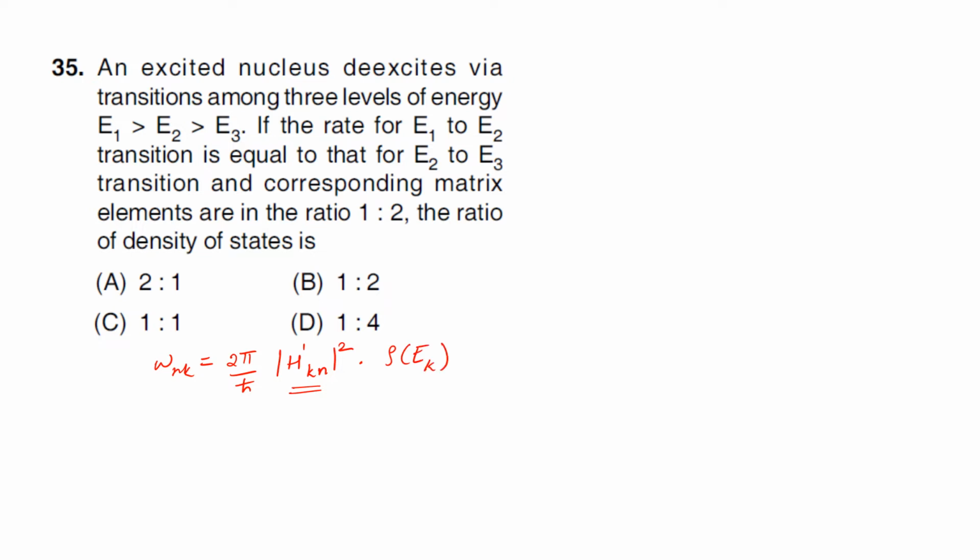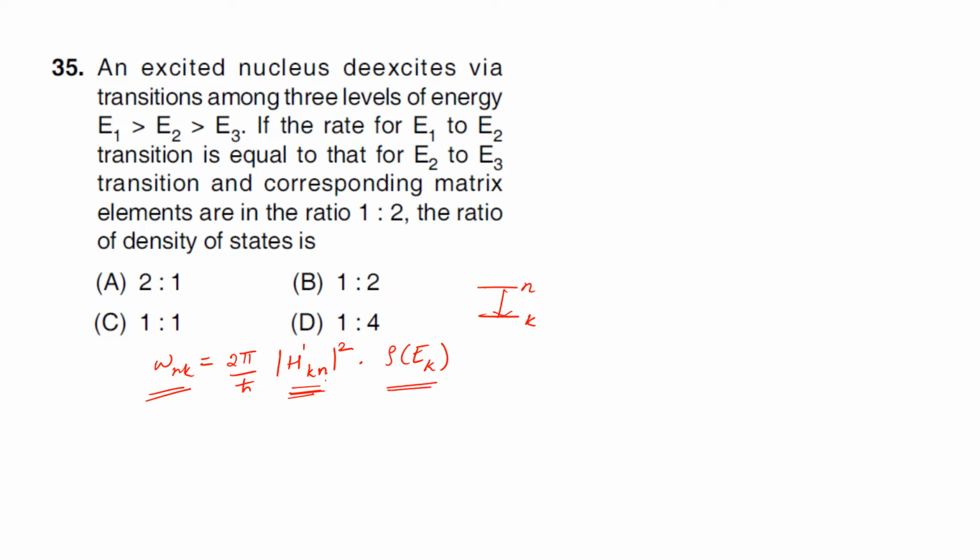If the transition is from state n to k, then the number of transitions per unit time is proportional to the square of the matrix element of the amplitude of the harmonic perturbing term with the density of final states.